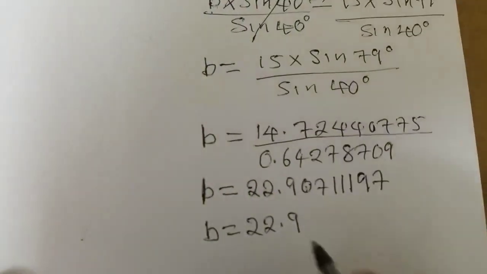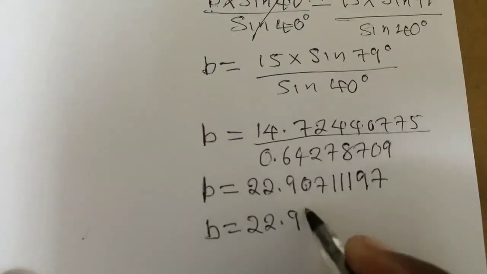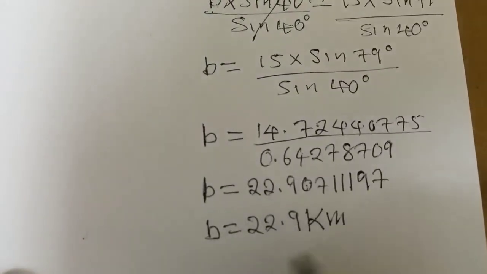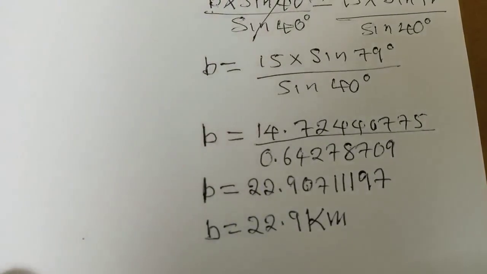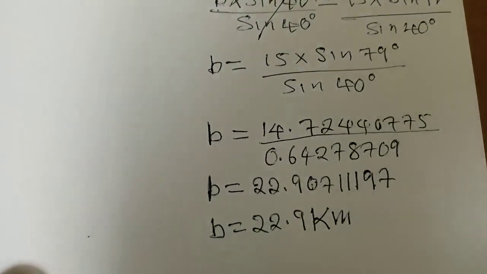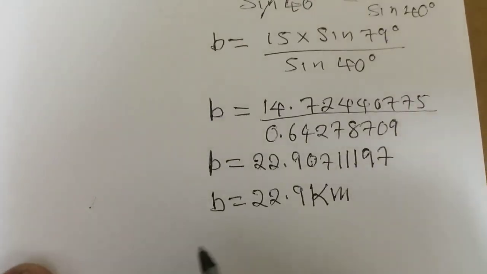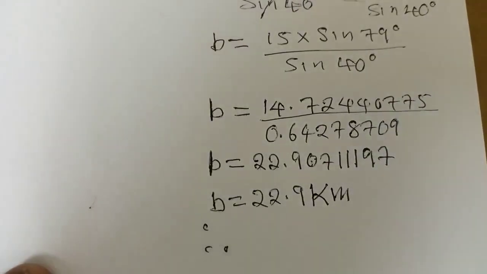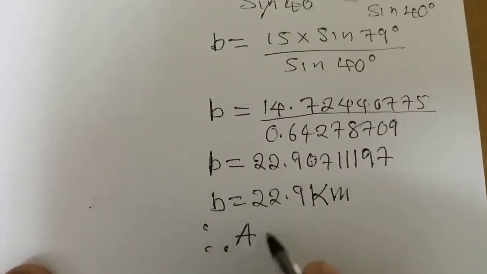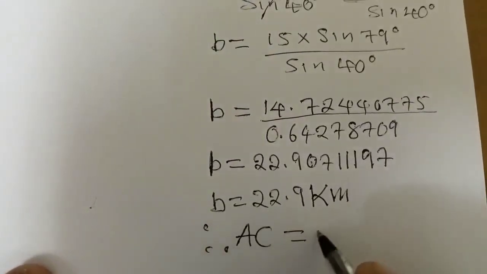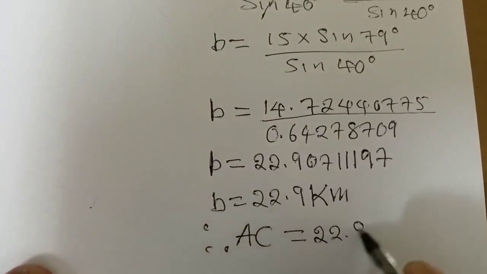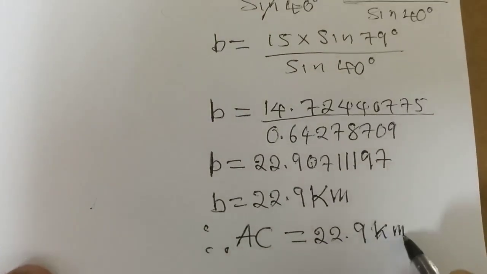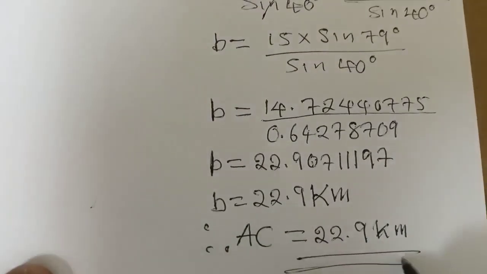So the answer is 22.9 kilometers, like that. You say, therefore, what you are looking for is the distance AC. You say AC is equal to 22.9 kilometers, like that.